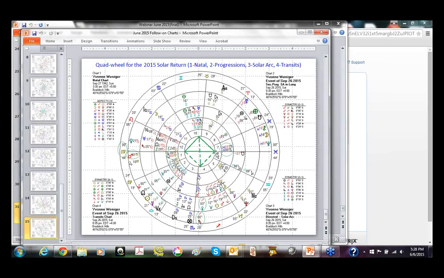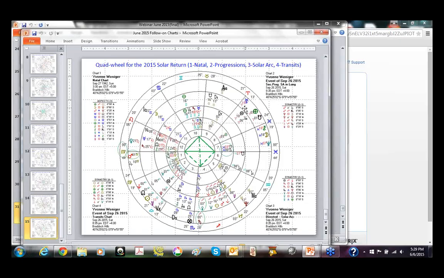Anyway, just some certain things to think about as we look at progressions and transits. I mean, we just barely touch the surface. You can look at all kinds of things. You can literally go through one at a time and see what the energy is and how it impacts a variety of things.